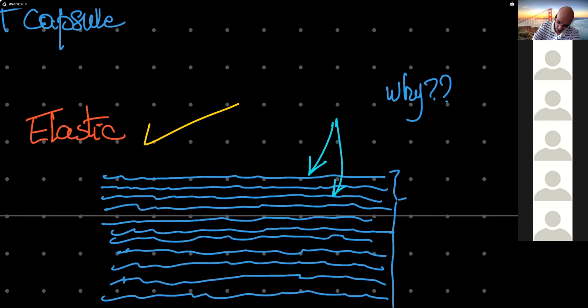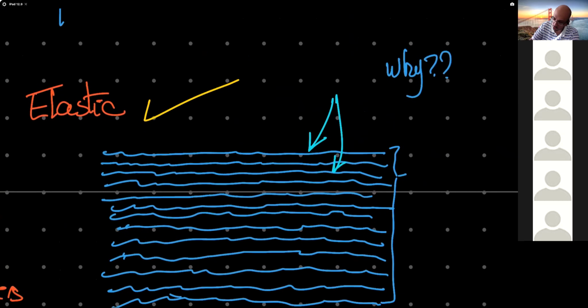So what's going to be the function here? The function is going to be to stretch, not only stretch, and recoil.